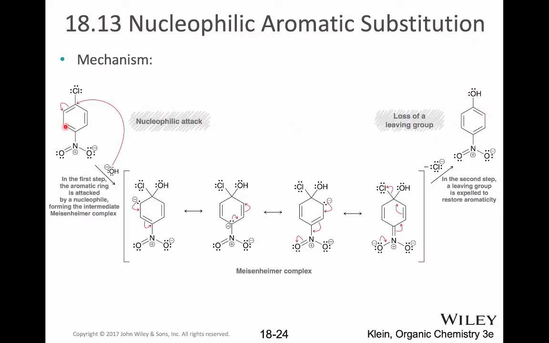And the driving force to go from here to here is the fact that even though this anion is resonance stabilized and relatively stable, it doesn't want to stay the anion. It wants to go back to being an aromatic ring.